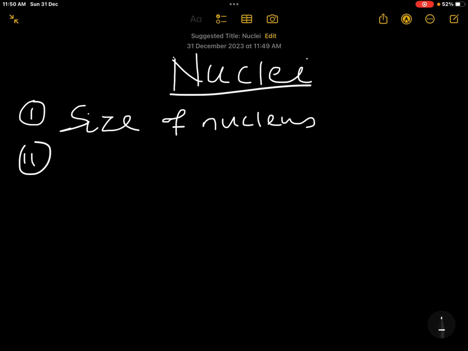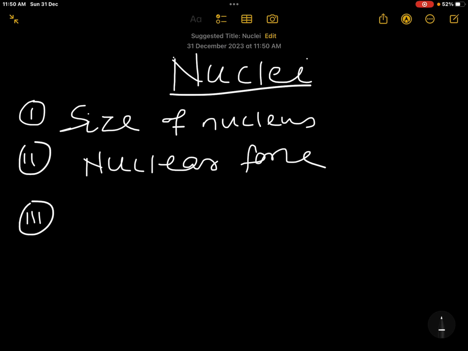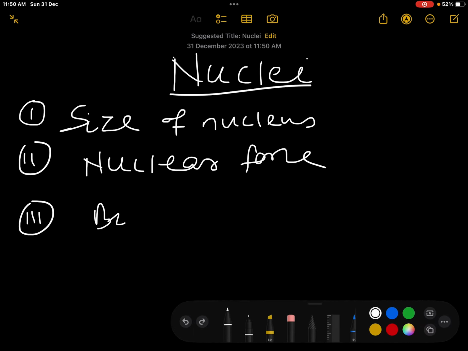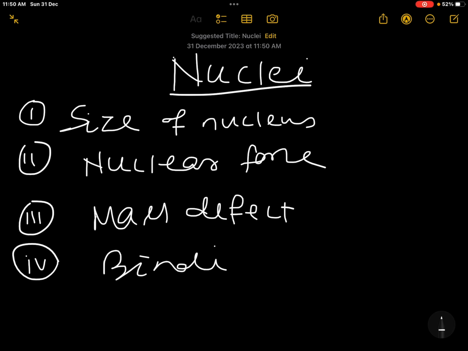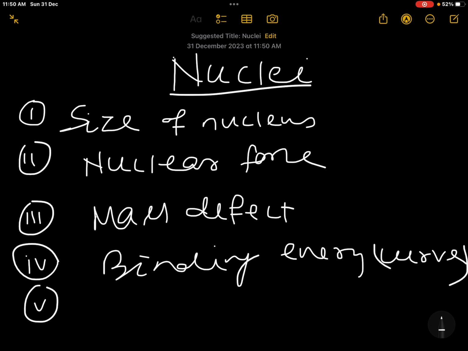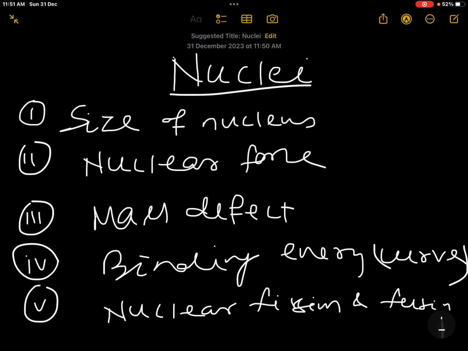Second one is nuclear force, binding energy, mass defect, binding energy curve, then nuclear fission and fusion. This is all about the chapter nuclei.